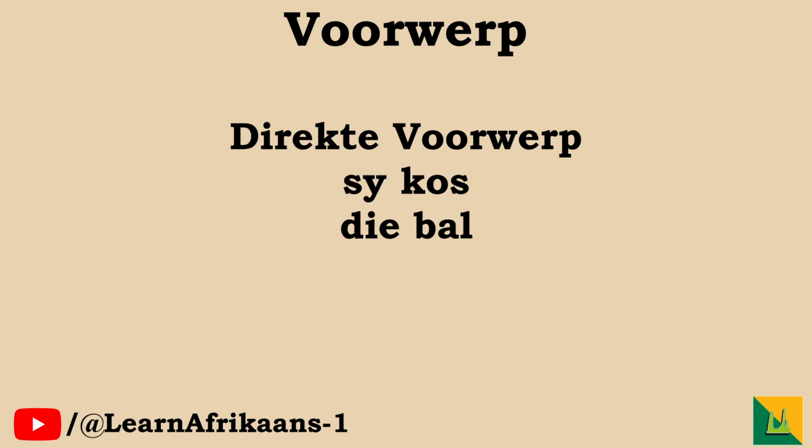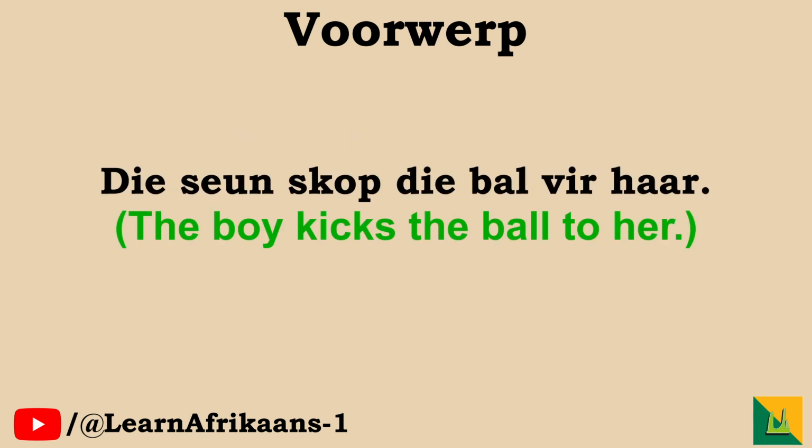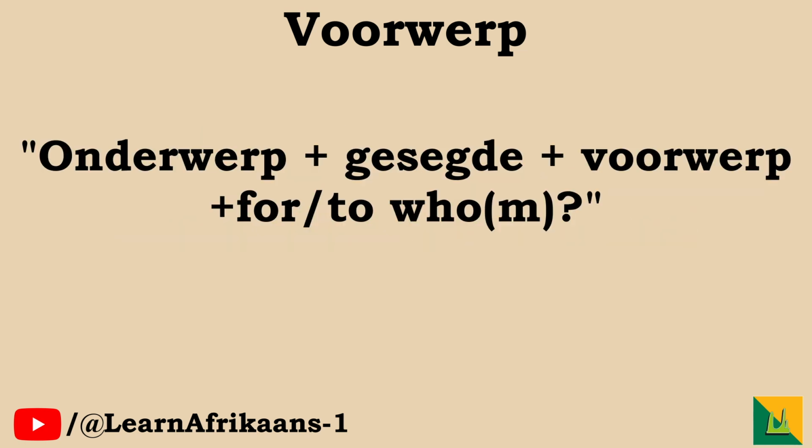The indirekte voorwerp differs. Let's change the sentence. Die seun skop die bal vir haar. Here we have the same onderwerp, voorwerp en gesegde, but there also is an indirekte voorwerp. Use the question onderwerp plus gesegde plus voorwerp, for or to whom?